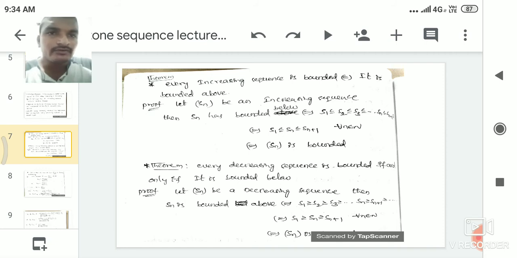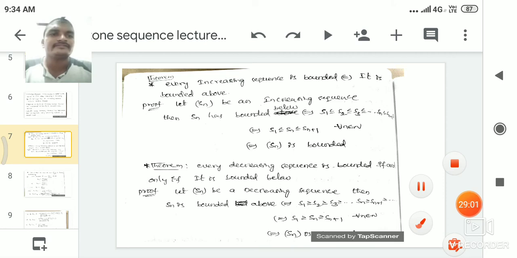One more theorem is that every decreasing sequence is bounded if and only if it is bounded below. Let Sn be a decreasing sequence, then Sn is bounded above. Why? Because every decreasing sequence has an upper bound.